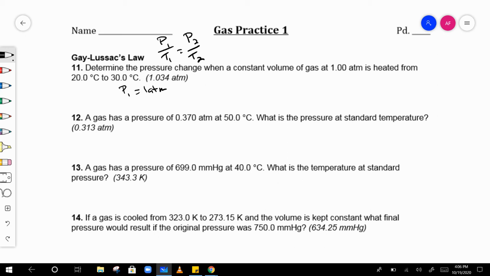And so it says determine the pressure change when a constant volume of gas at 1 atm is heated from T1 is 20 degrees Celsius, and then P2 we don't know, and then T2 is 30 degrees Celsius. And again, we're converting those to Kelvin, so add 273, add 273.